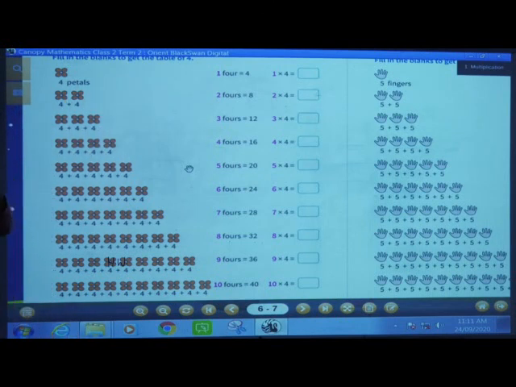Already we have seen the table of 2. I gave the homework of the table of 3. Now the table of 4.